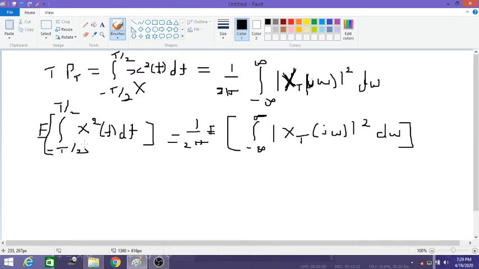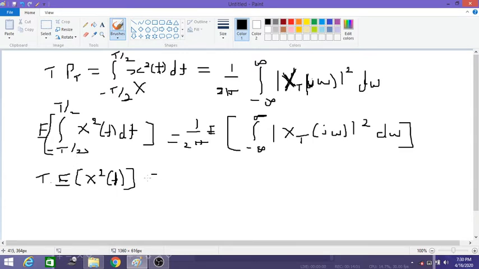So there are two possibilities: the expectation of x of t is nothing but the mean of it, or if I combine both, I can write this as the autocorrelation function as well. So now this has become a constant, and now I have to integrate with respect to t. So the expectation of x square of t has become a constant when I take the expectation inside. Now I am integrating only with respect to the constant term here, so when I substitute the upper limit and lower limit, I'll finally get the term as T.